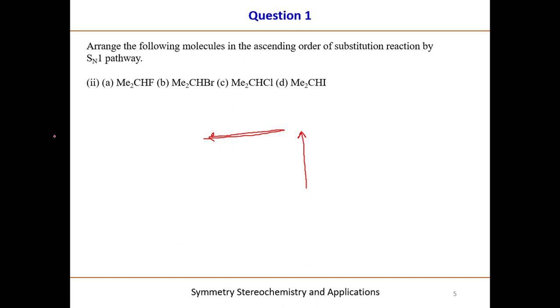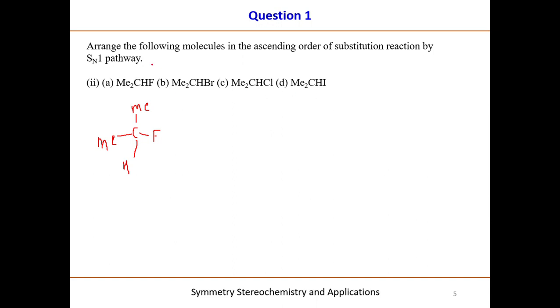Okay, so when I write here, all the molecules have a similar structure. CMe2 is similar in all the cases. Correct? CMe2 is similar in all the cases. Methyl, methyl, hydrogen, and the halogen is fluorine, bromine, chlorine, iodine.